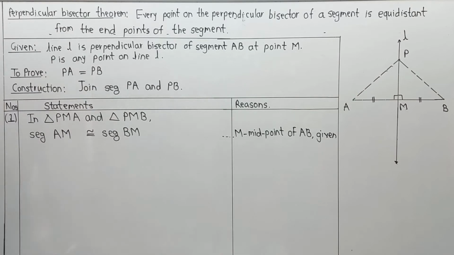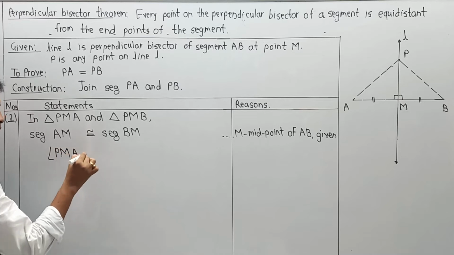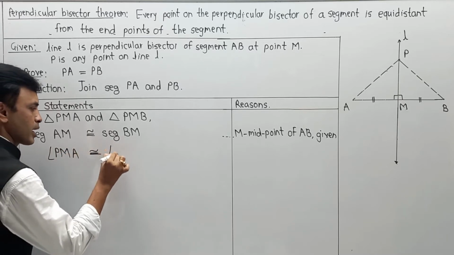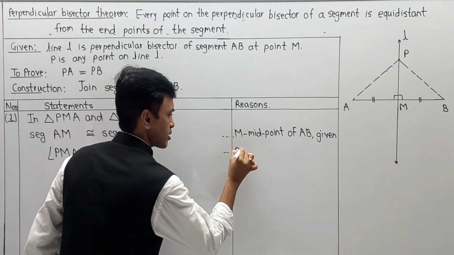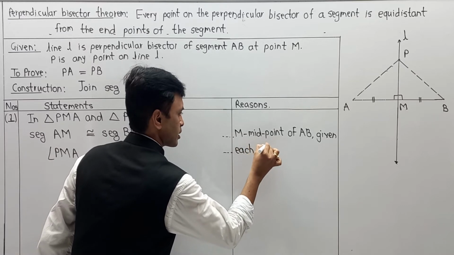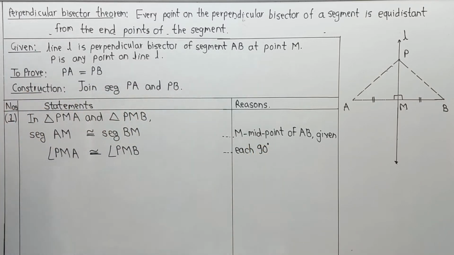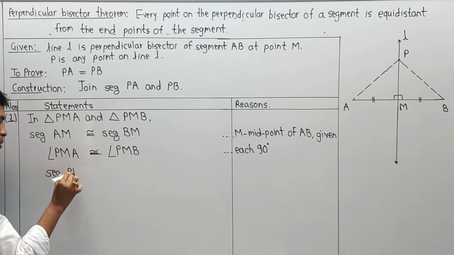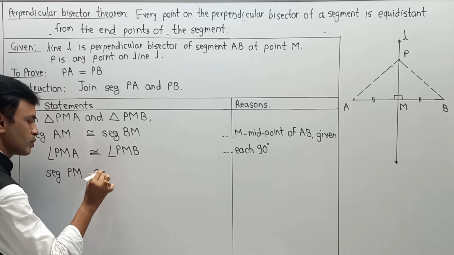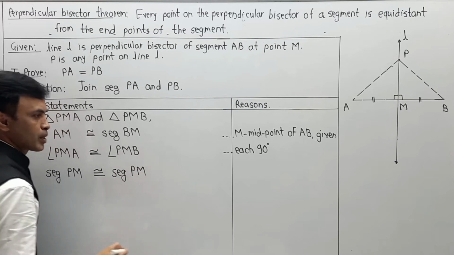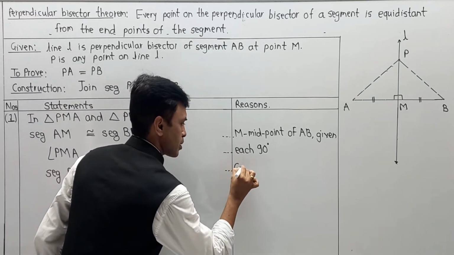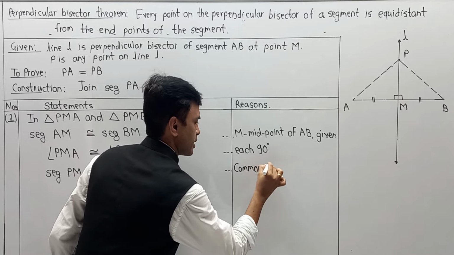Next, angle PMA is congruent to angle PMB, reason: each 90 degrees. Third, segment PM congruent to segment PM, reason: common side.